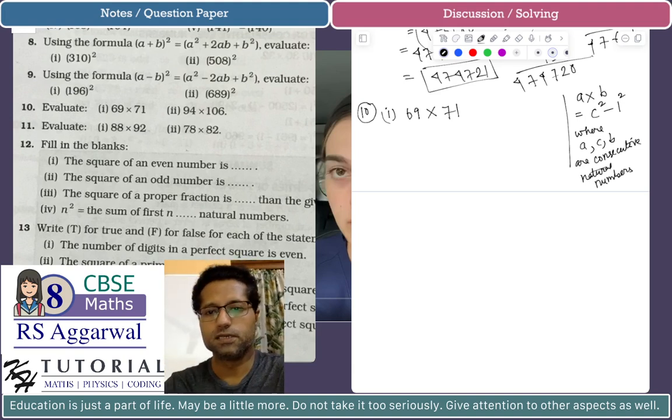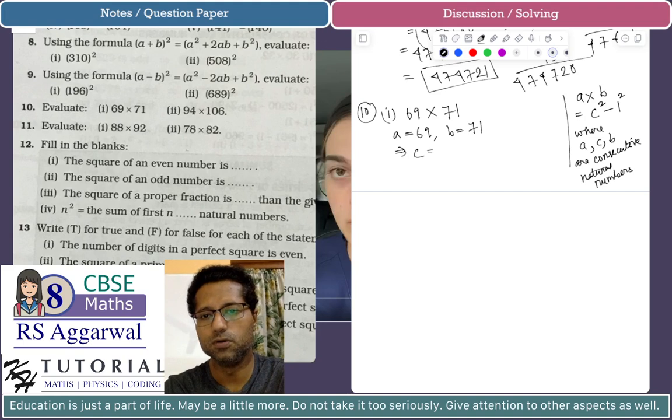In this case, A is equal to 69, B is equal to 71, so C will be equal to A plus 1, that is 70.